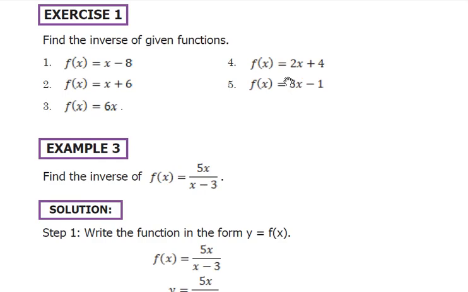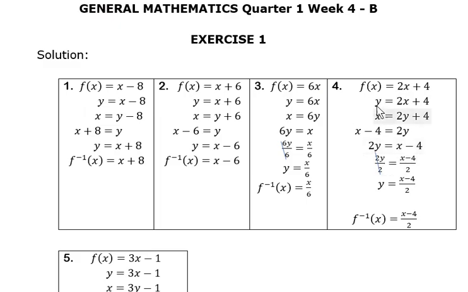Number 4, we have f of x equals 2x plus 4. Solution, writing y equals 2x plus 4, then interchanging the x and y variables, x equals 2y plus 4. Then solving for y in terms of x, we have to transpose positive 4 to the left hand side, leaving 2y here.